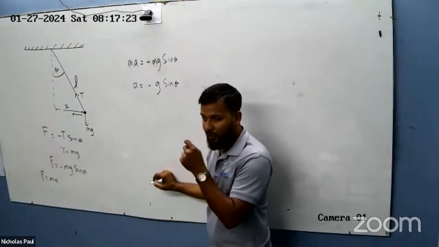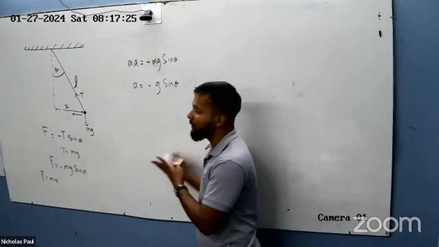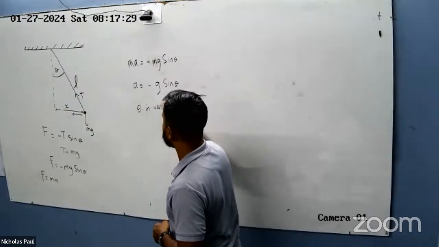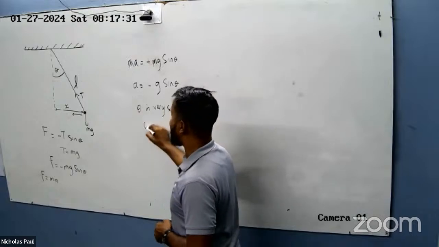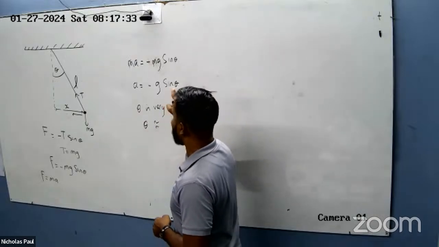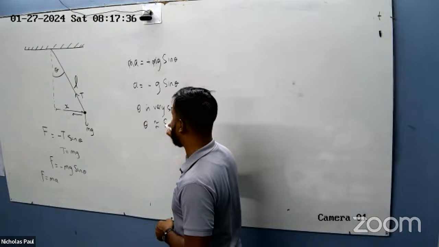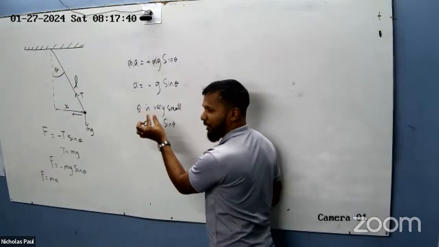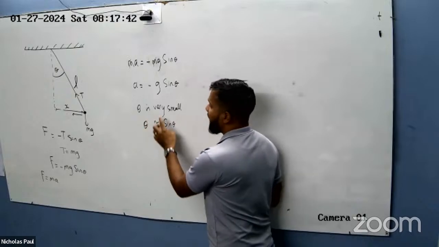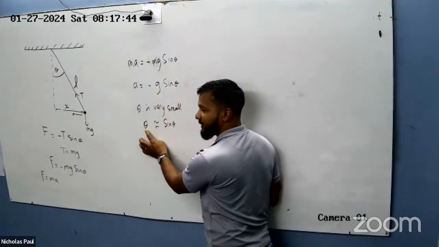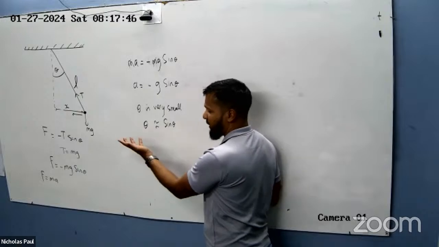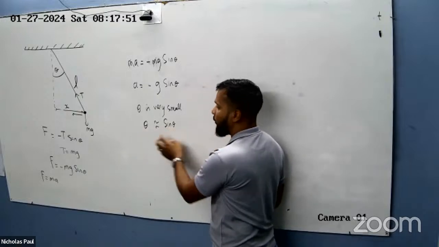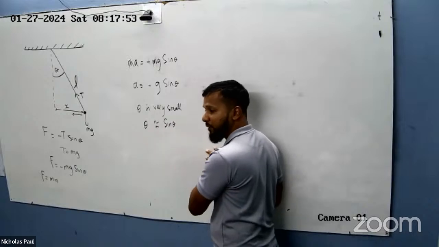Right, but here's a little complication. Those who did limits will see it. Theta is very small. So when theta is very small, sine theta is approximately theta. If you try on a calculator, find sine of 0.00005 and you will get back 0.00005.